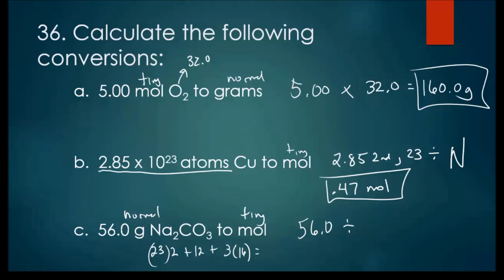We're not converting to FU, we're converting to moles. All right, so what is it? 106.0. So 56 divided by 106.0, do we get a tiny number?